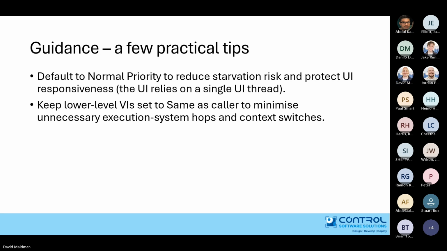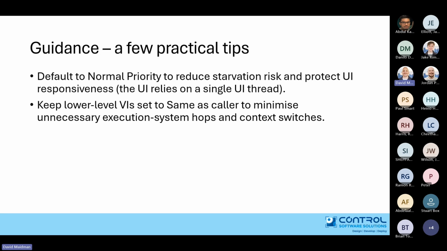If you keep lower level VIs to same as caller, wherever possible, you're not going to have any unexpected or unwanted execution system context switches. Okay, so you can just stay where you are.